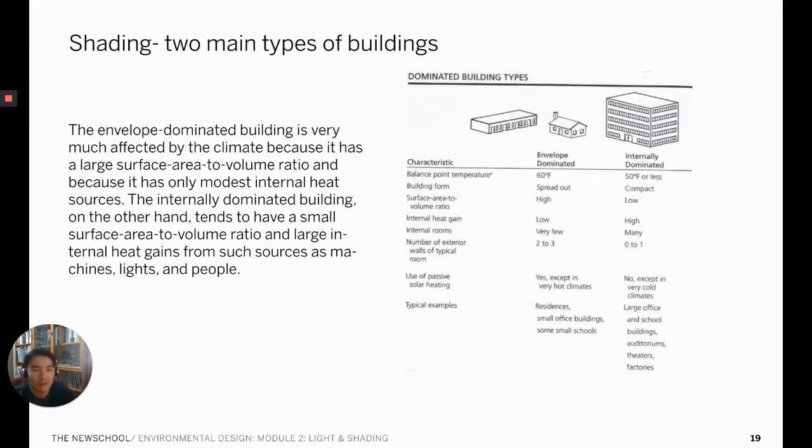Based on the size and program of the building, we can divide them into two different types and approach them separately. Usually, residential buildings or single-story office buildings are considered to be envelope-dominated type, which is relatively more heating-dominated.